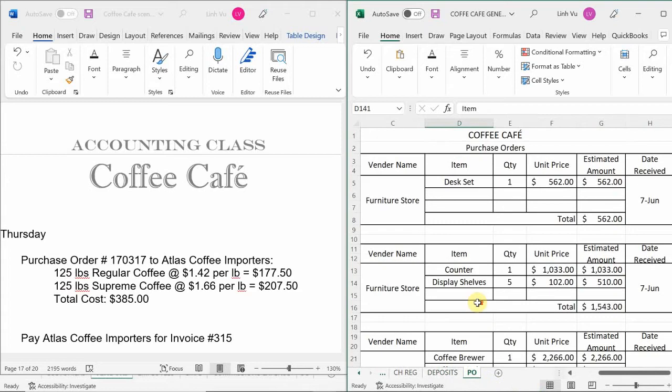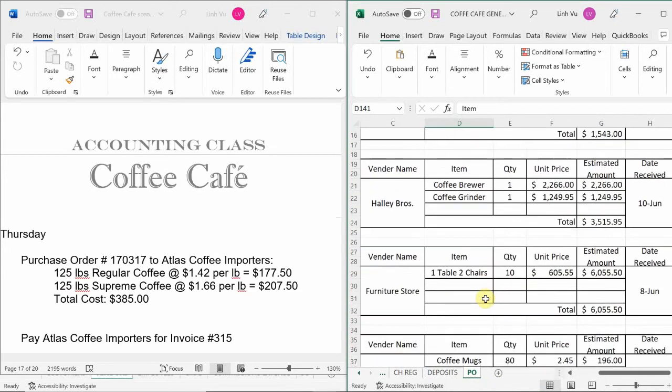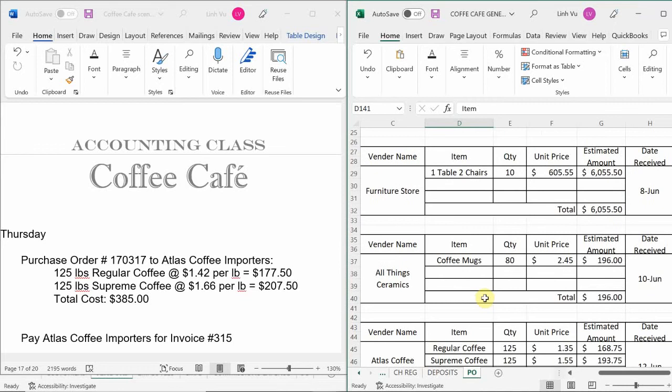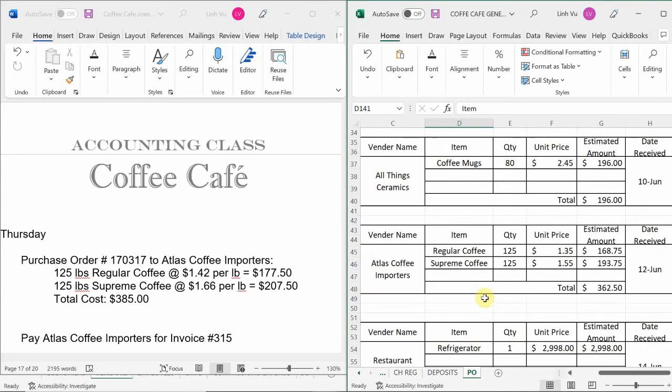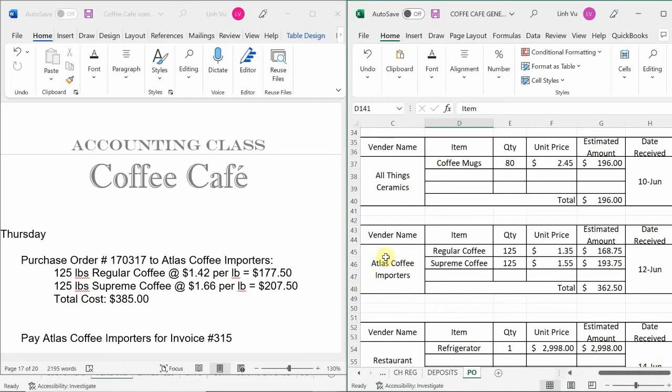So it was invoice 315 for Atlas Coffee. Here you go, Atlas Coffee Emporium, right here for $362.50. Okay, so we do that way.